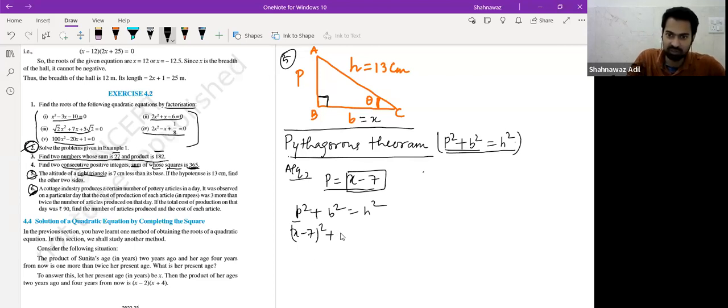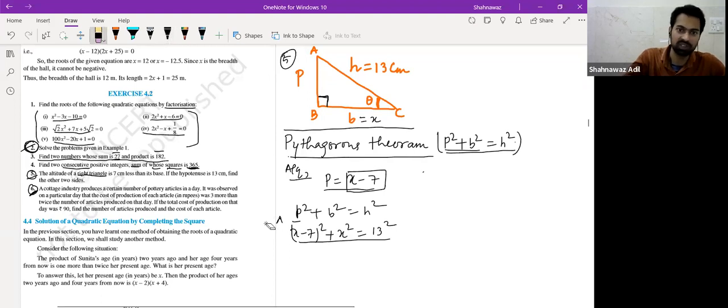Base is x. And hypotenuse is 13 square, which is 169, right? So this is our desired quadratic equation. Now we have to solve this.